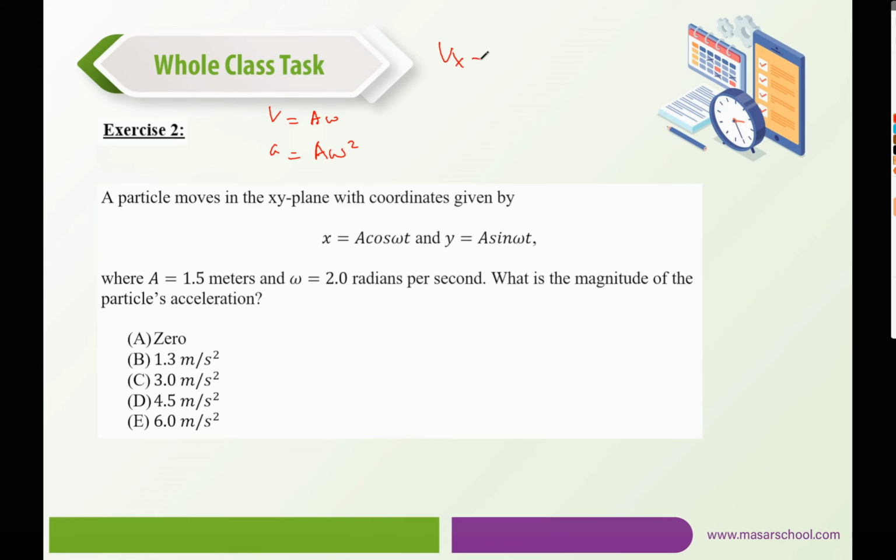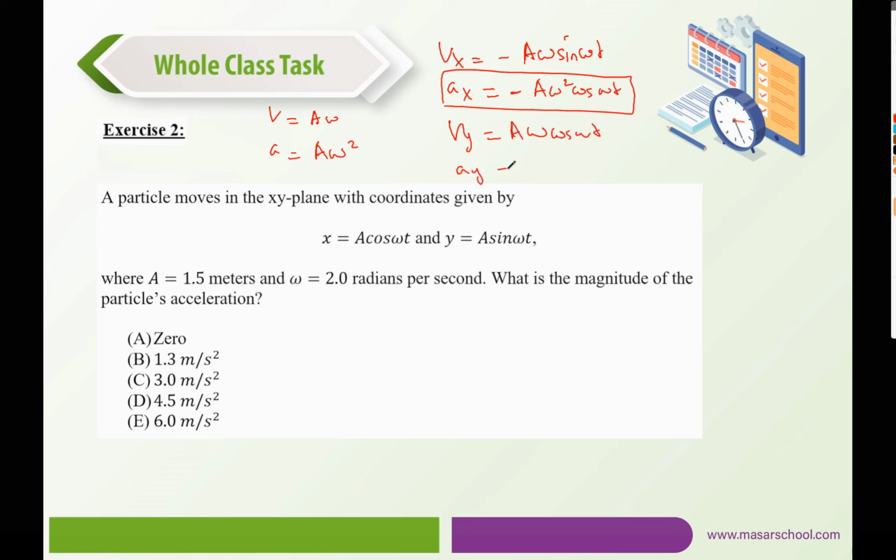Vx would be given by the derivative of this, which is minus A omega sine omega t, and ax in this case would be given by minus A omega square cosine omega t. So that's ax. Now Vy would be A omega cosine omega t, and ay would be minus A omega square sine omega t.